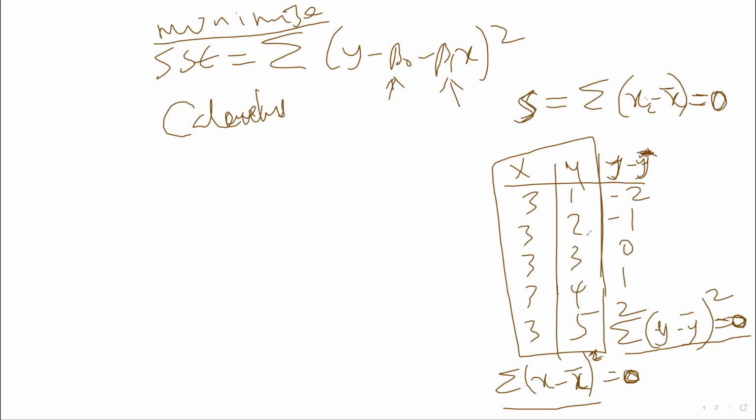So if I add them, I get 0. But if I square, what happens? If you square it, all the negative numbers turn to positive. And it won't be 0 again.